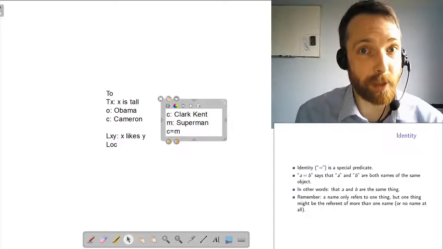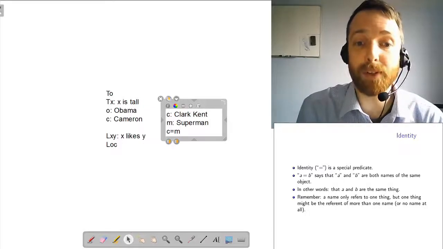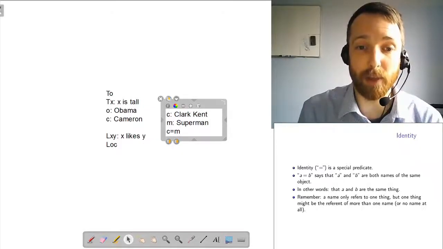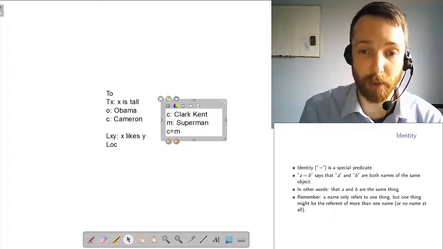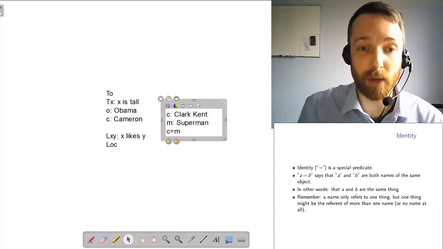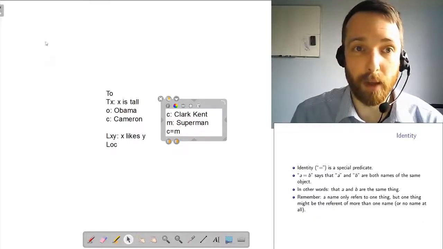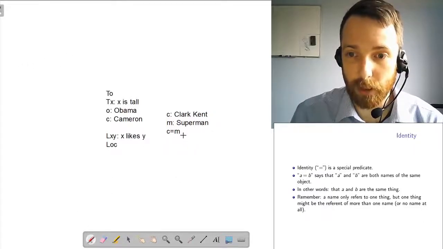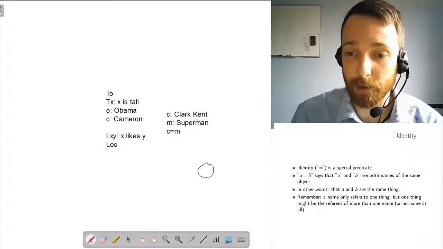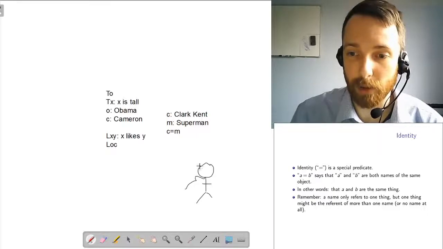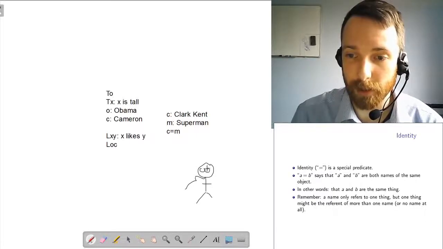Okay, bear this in mind. Here's why this is possible. A name, we say, always refers to the same thing. A name only refers to one thing. But one thing might be the referent of more than one name, or no name at all. So here's the picture we've got here. There's a certain person. Sometimes he wears a cape. Sometimes he wears glasses. Right.